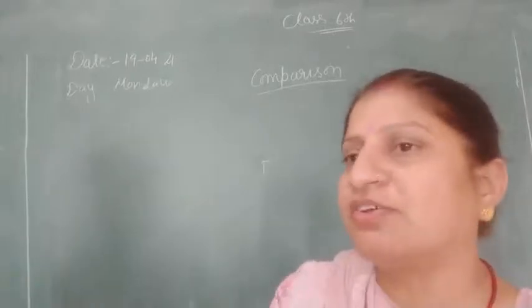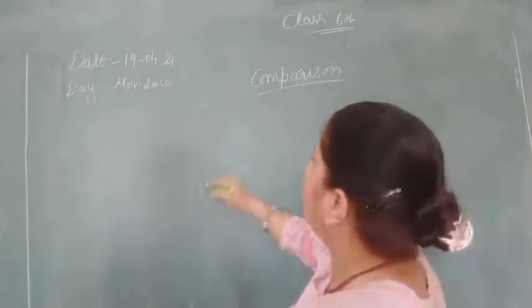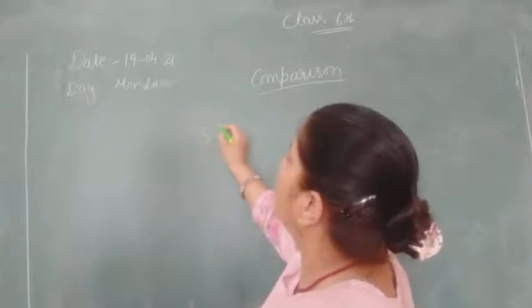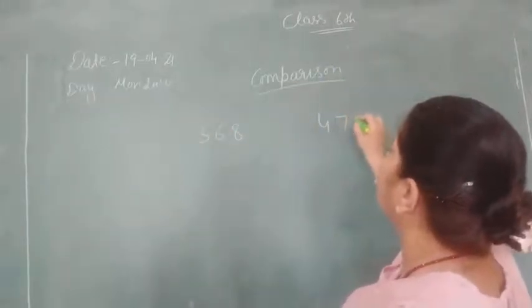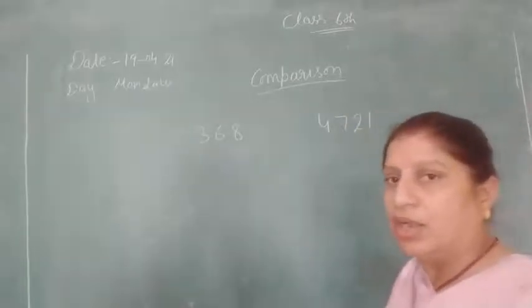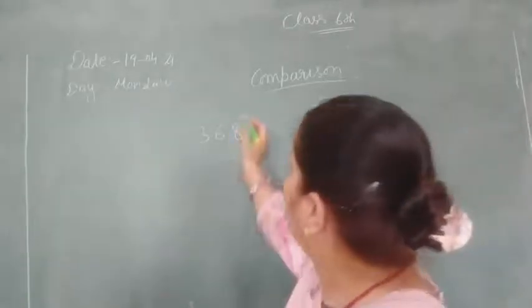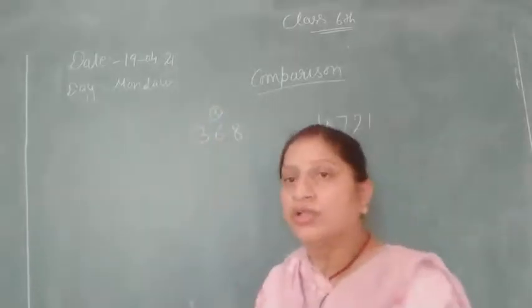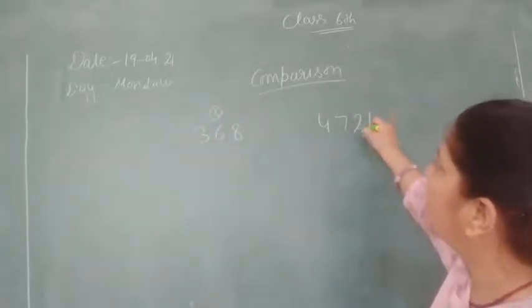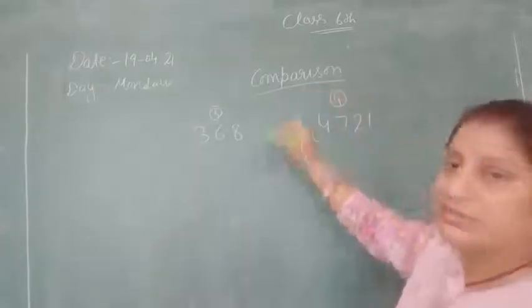It is very easy. Suppose we write the number 368 and the next number is 4721. Now we see that in this number we have 3 digits and in this number we have 4 digits.